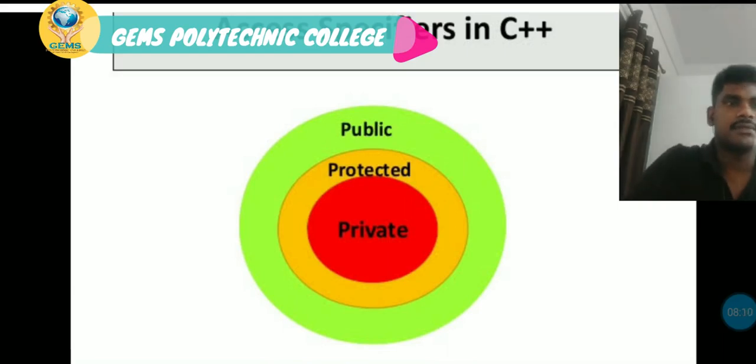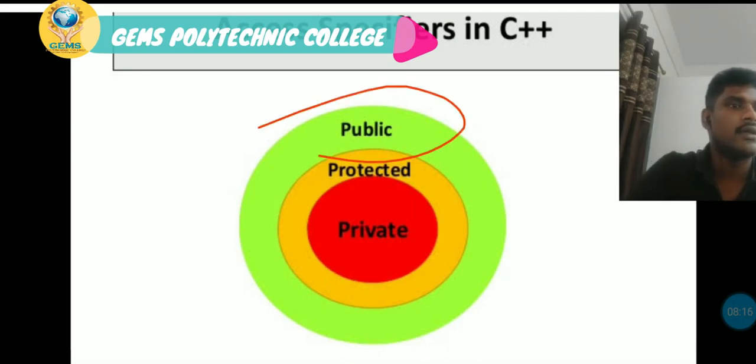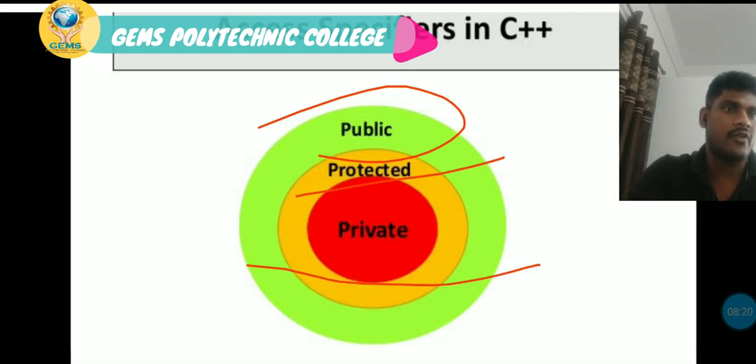In total there are three types. The first one is called public, the second one is called protected, and the last one is called private. Based on their names, the meaning also explains what public, protected and private are.